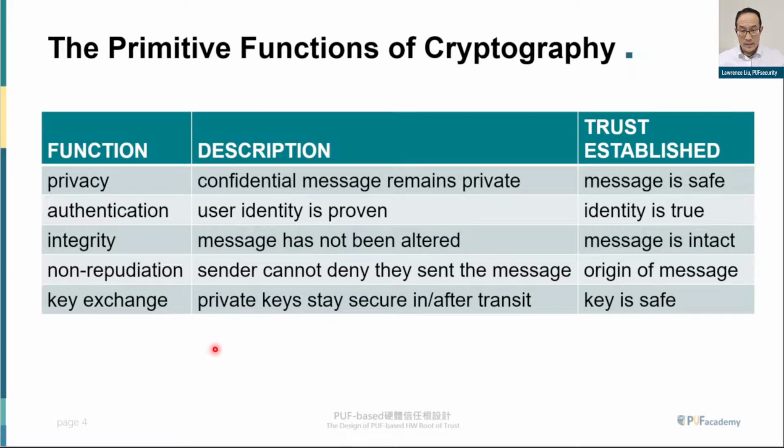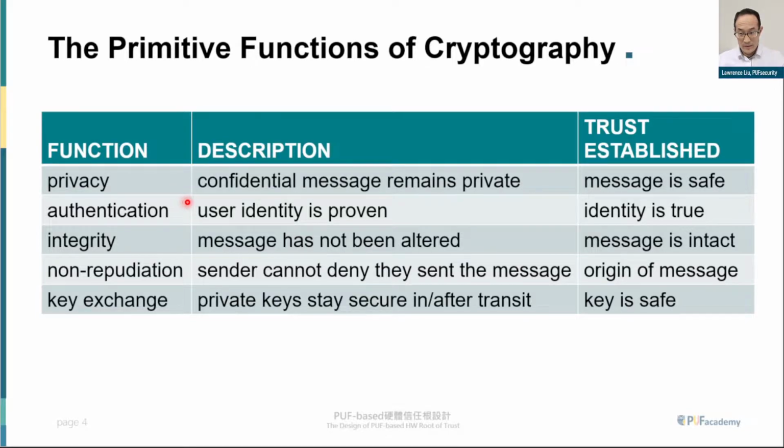So first, we'll take a step back and look at the 5 primitive functions of cryptography. Each function establishes a different trust for a secure system. We have privacy, authentication, integrity, non-repudiation, and key exchange.